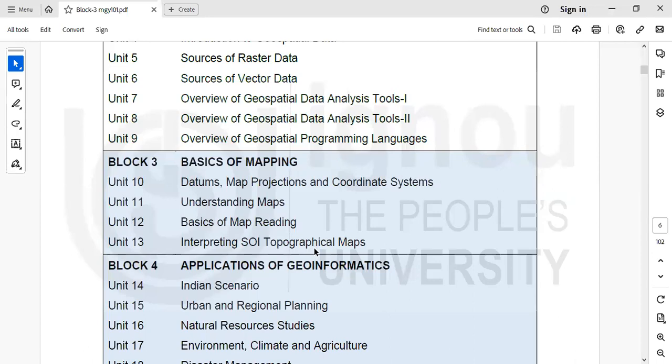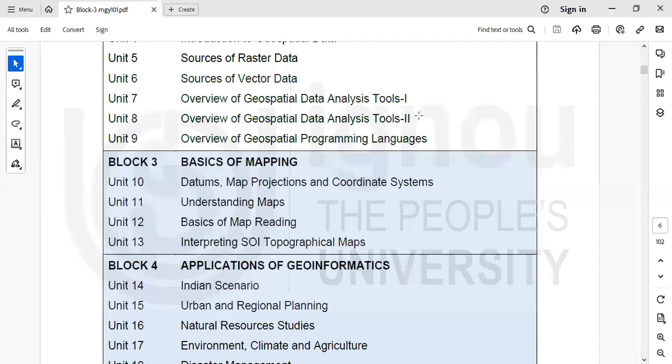Today I will discuss the basics of mapping. It is a part of the first semester course, and it is the first course of the first semester, which is on Introduction to Geoinformatics.